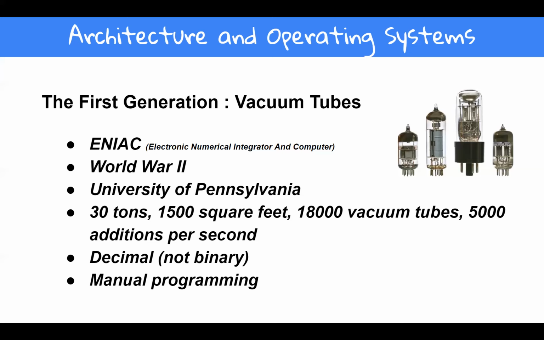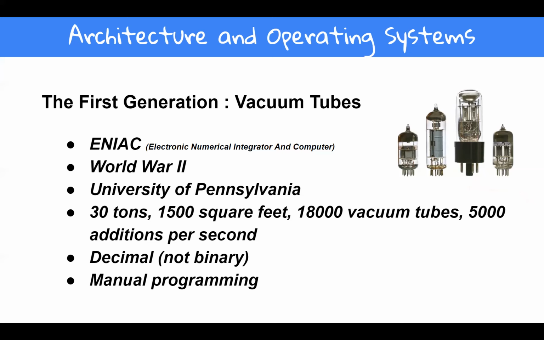Preparation of the tables for a single weapon would take one person many hours, even days. So the necessity of having a computer actually came from the Second World War. At the University of Pennsylvania, they used vacuum tubes and created the first machine.